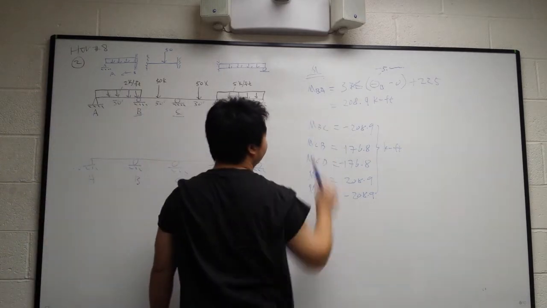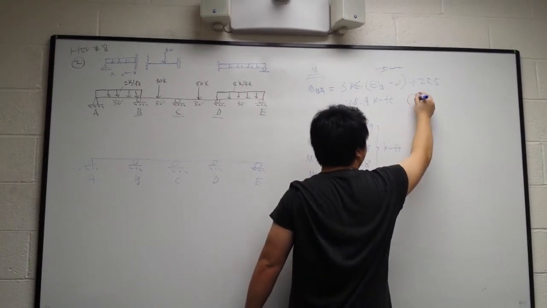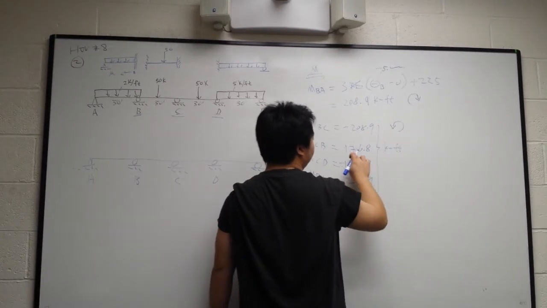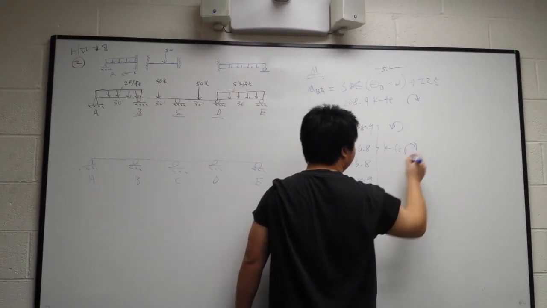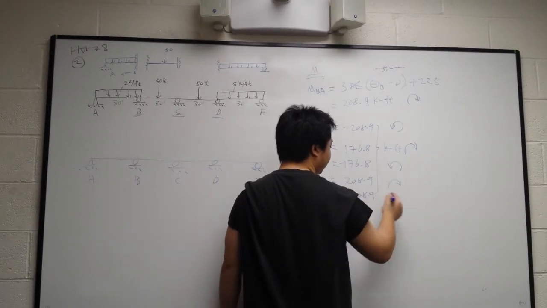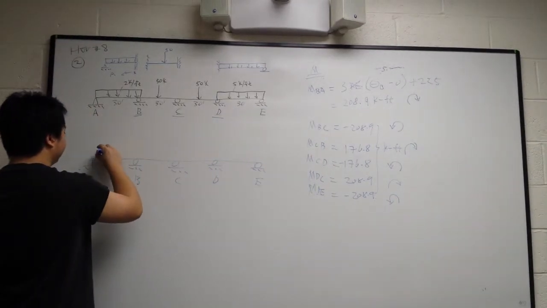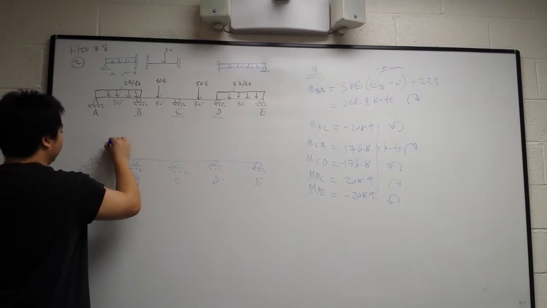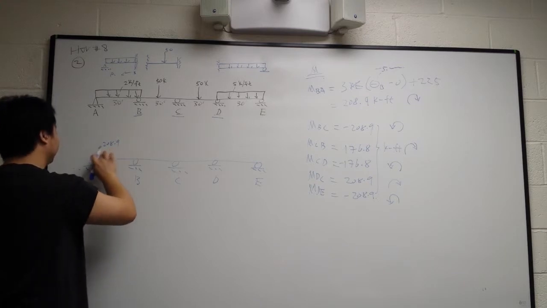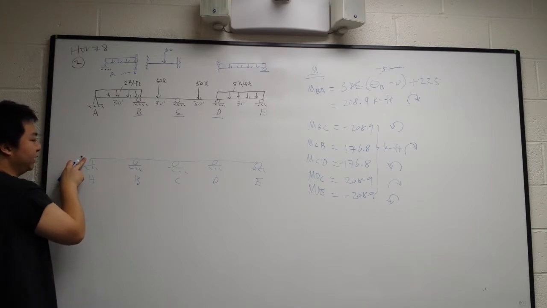For BA, positive. Positive is clockwise. Negative is counterclockwise. So you're gonna have this way, 208.9. A to B is 0, because it's a pin.